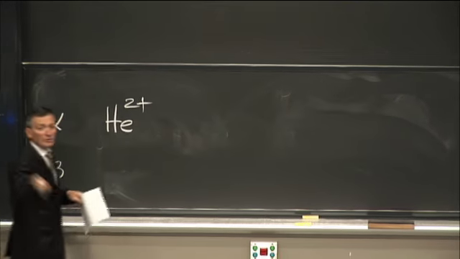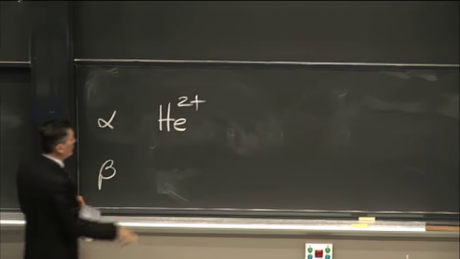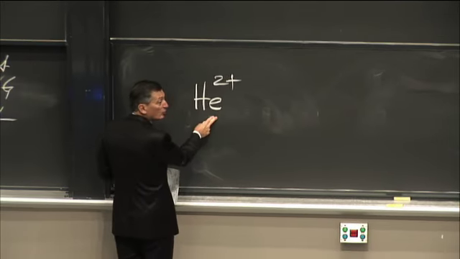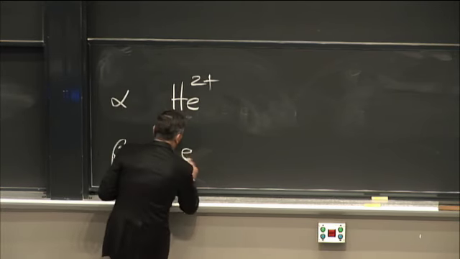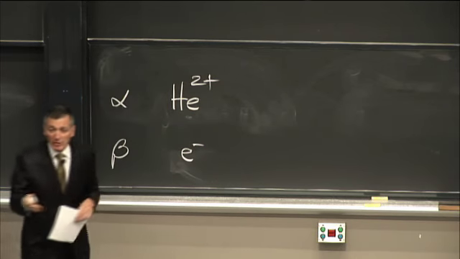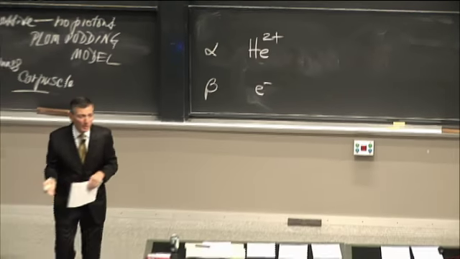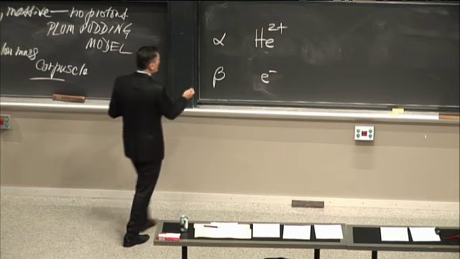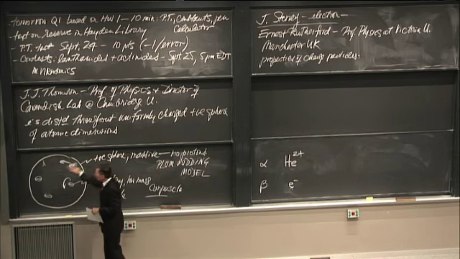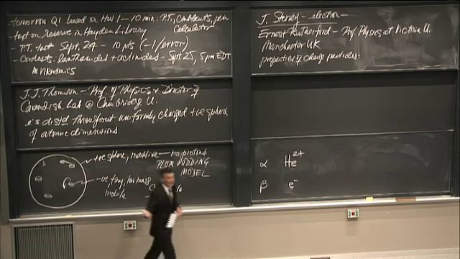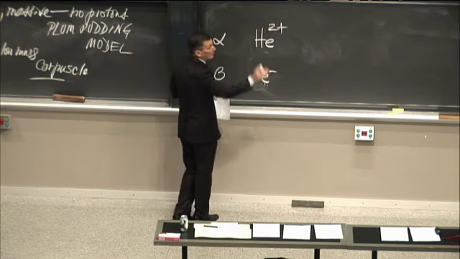So this is helium that's lost both of its electrons, just protons and neutrons in the nucleus, completely naked, no electrons. And then the beta particle, which other people in physics had been referring to, this mysterious beta particle, he made the connection between the beta particle and the electron. So the same electron that's over here and attributed to the negative charge within the nucleus is also a free particle that can go through space.